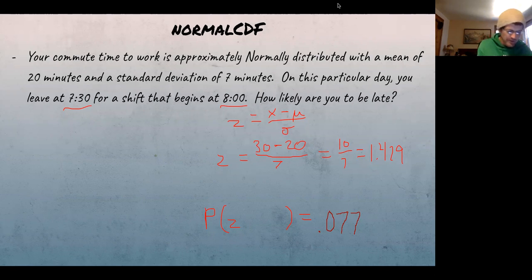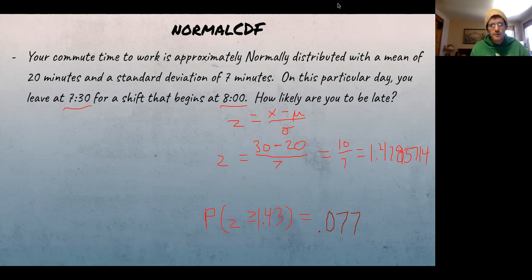So the actual number here is 1.4285714 and so on. Keep a lot of precision as you're going through your calculations, and then just round for the very last step. So anyways, that's just a general comment. So now the probability of having a z-score that's greater than or equal to 1.43 essentially is 0.077.